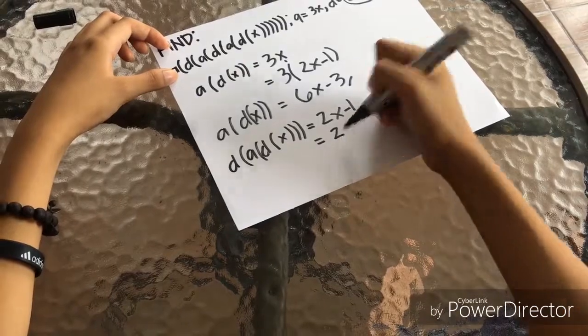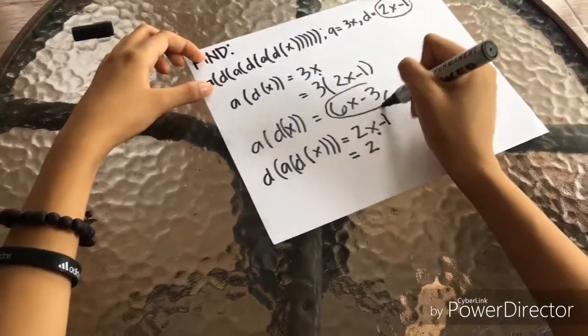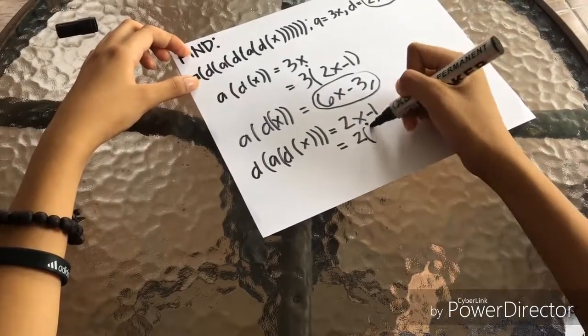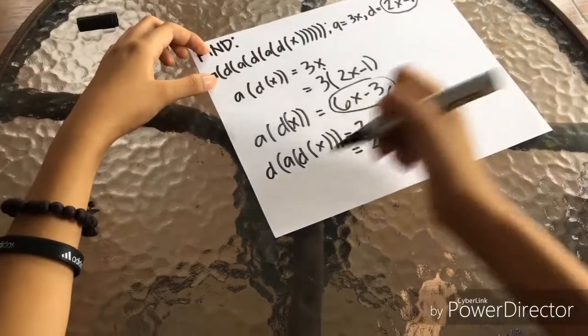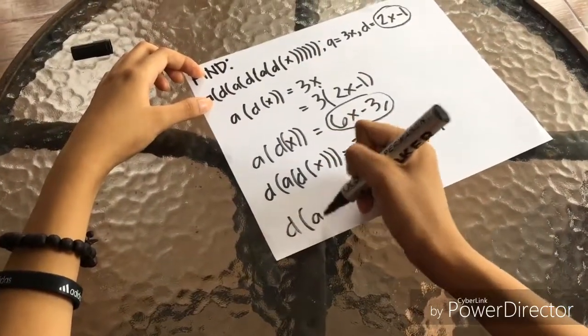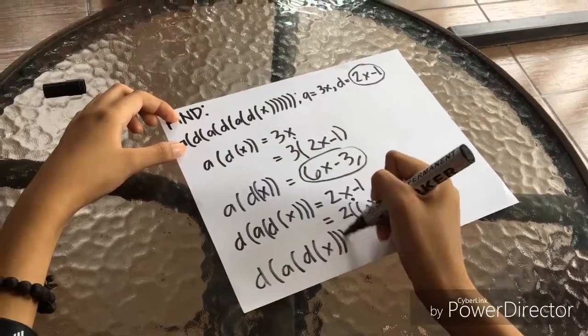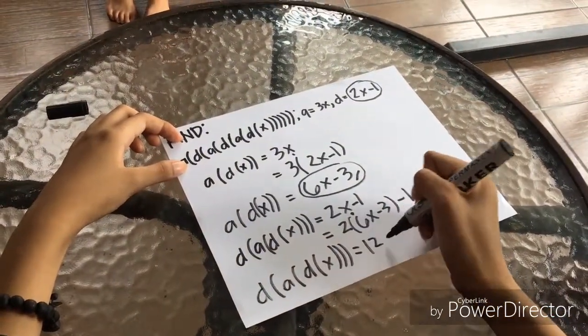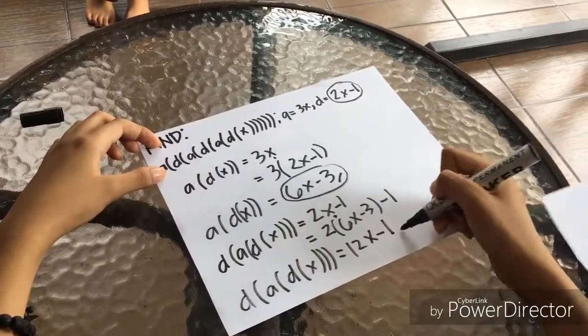So that will be 2x minus 1, 2 times 6x minus 3, minus 1. D of A of D of x is equal to 12x minus 7.